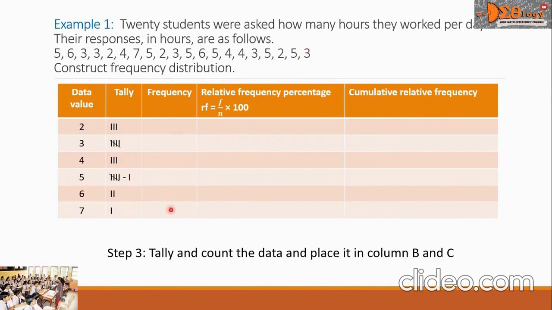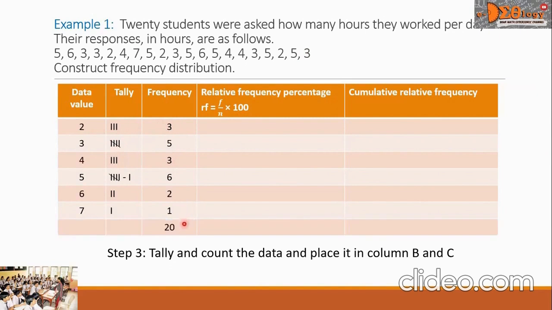For the frequency column, we will simply count the tally. So for number 2, 3 times it appears, so we will write here 3. For number 3, it is 5, so we write here 5. For number 4, there are 3 tallies, so we write here 3, and so on and so forth.